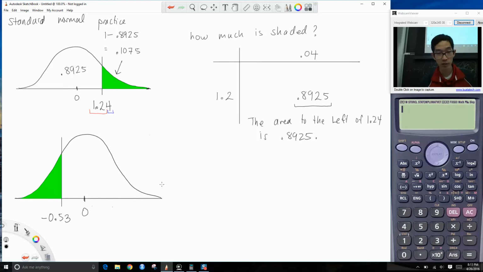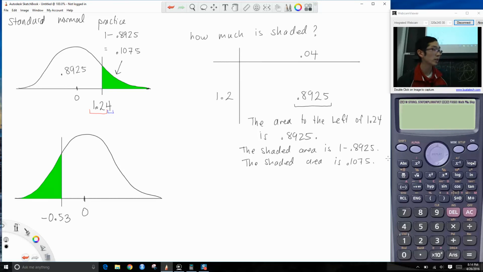This answer is 0.1075. Okay, so remember, the table will always give you the area to the left. Okay, table always gives you the area to the left.